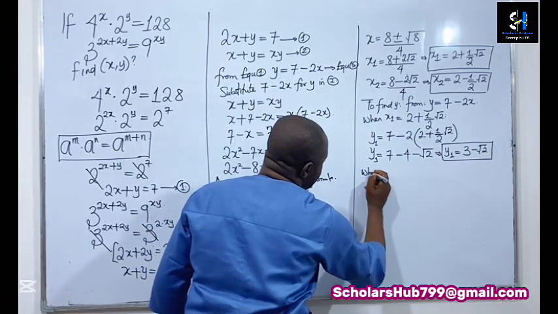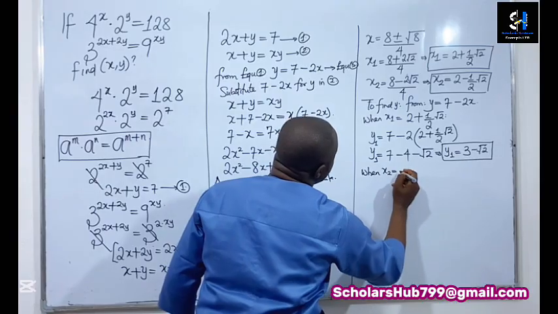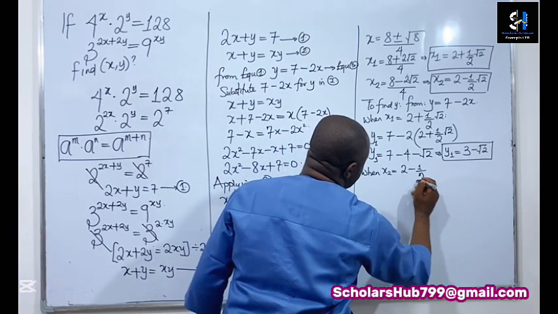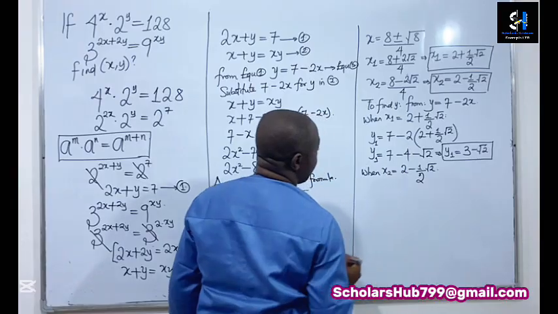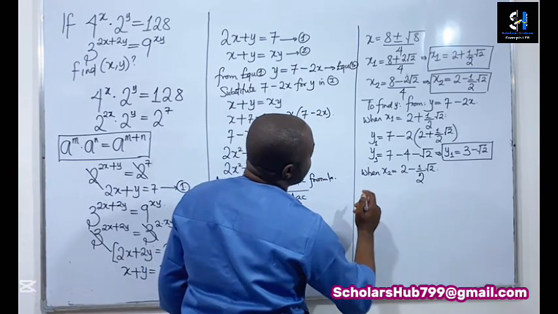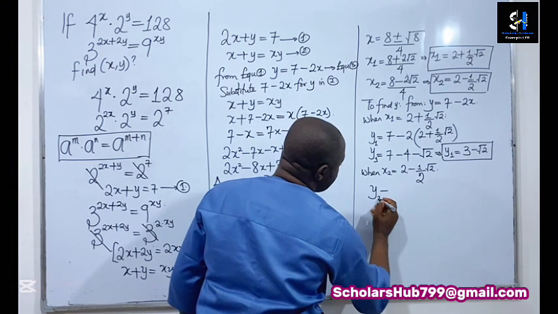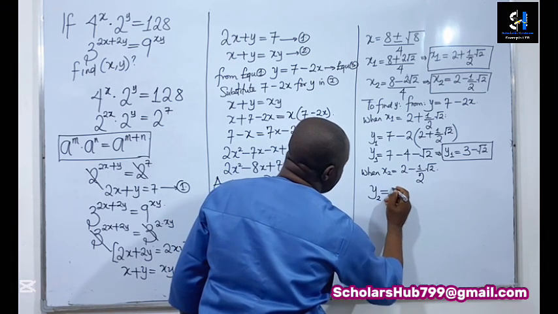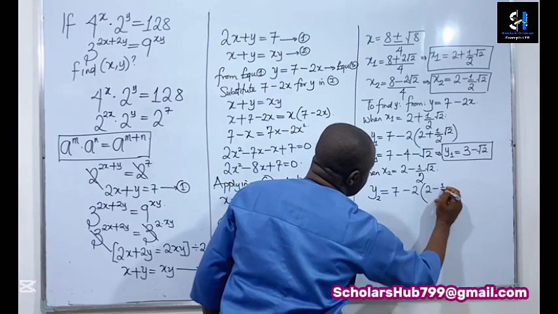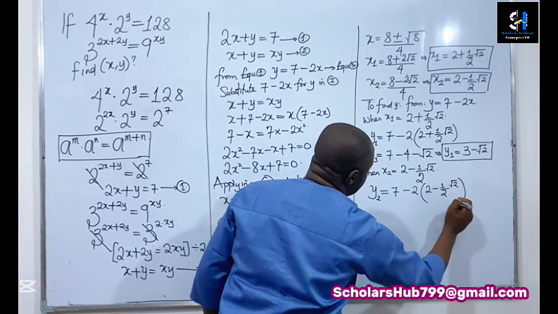Again, when we have x2 equal to 2 minus 1 half of root 2, then we can also obtain another value for y, and that will be y2 equals 7 minus 2, open parenthesis, 2 minus 1 half of root 2.